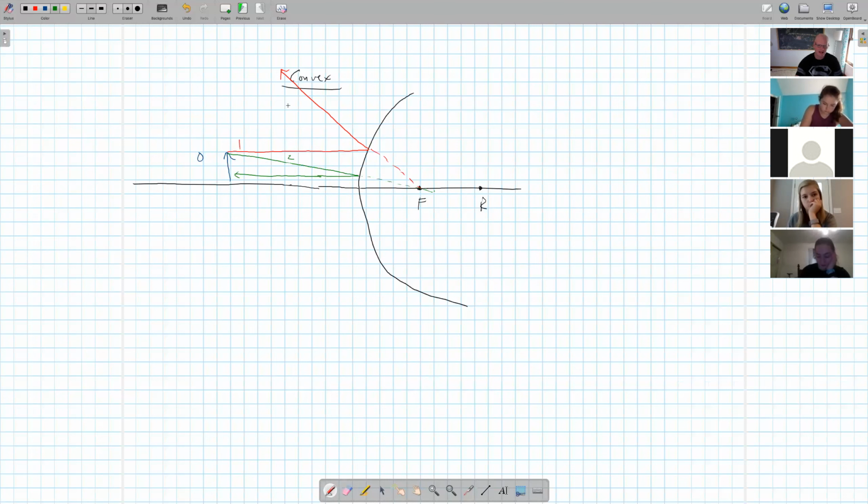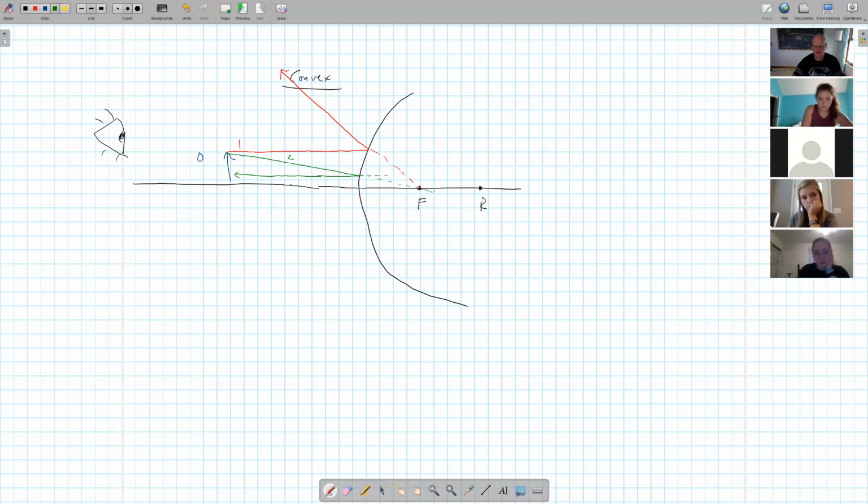Now again, this ray is diverging away from this ray. So what I want to do is trace this one backwards as if it came from the principal axis. Now this is the location of my eye, which is somewhere over here. My eye is going to ray trace these backwards to see where they appear to have originated from.